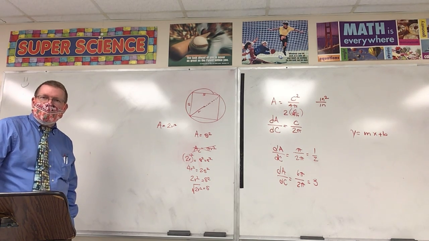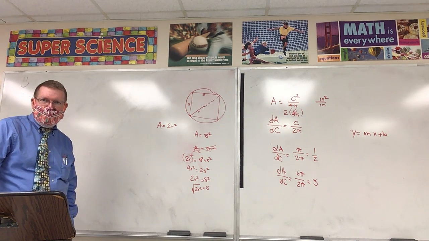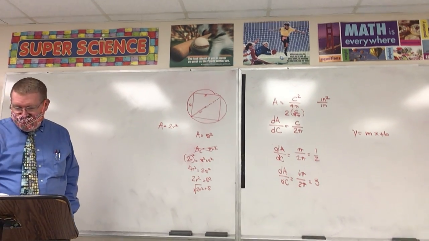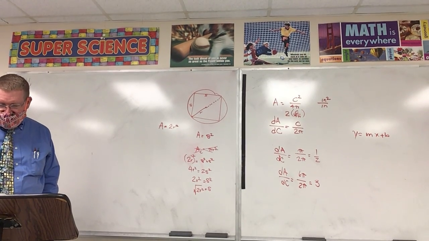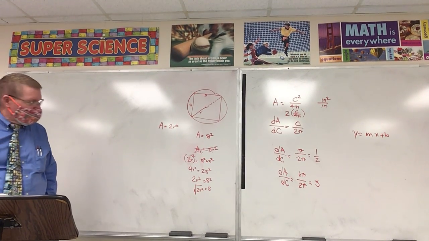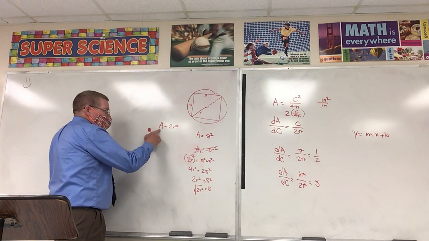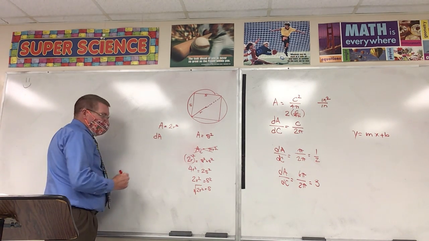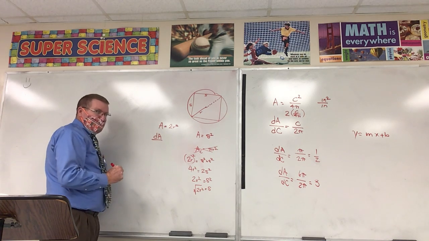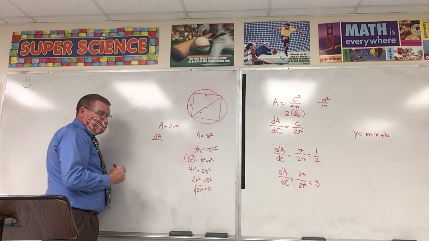And I don't have to figure out what the side of the square is, because it's always going to be this. Here they say, find the instantaneous rate of change of the area with respect to the radius of the circle. So again, we take the derivative of A, dA, and what variable am I taking the derivative of?